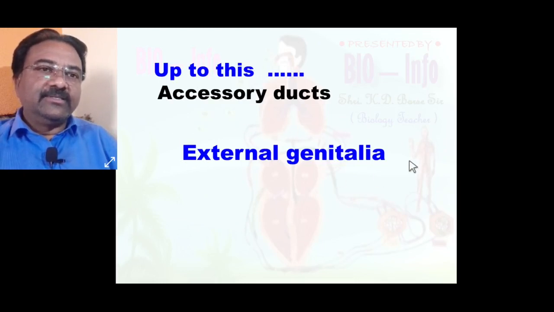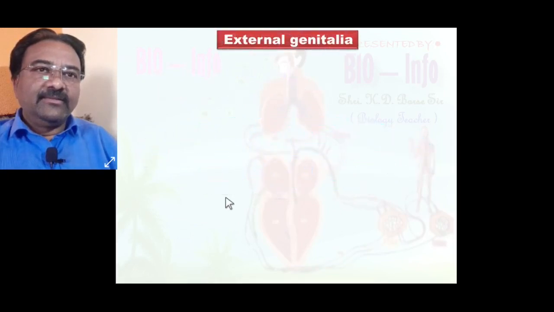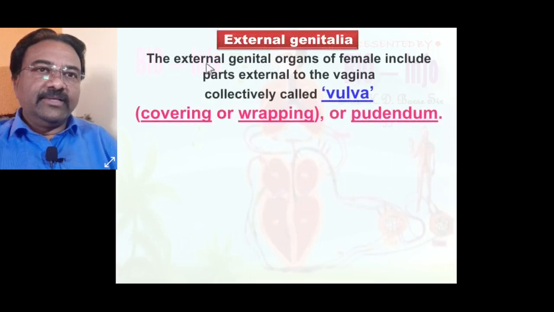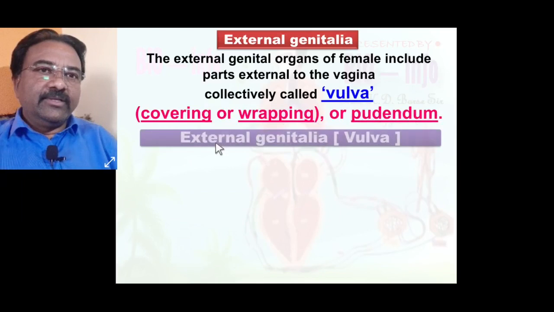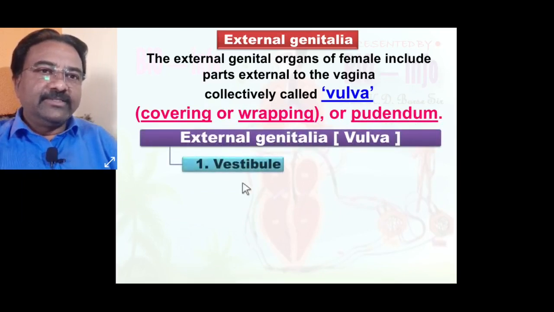Now the next is external genitalia. The external genital organs of the female include parts external to the vagina, collectively called the vulva, coverings or wrappings, also called pudendum, which is also external genitalia. The vulva consists of 5 different parts.